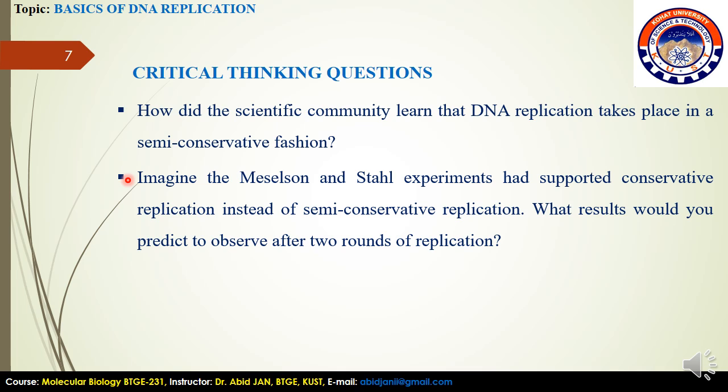A lower or heavier band would be at the 15N density and would comprise 25% of the total DNA. A second higher or lighter band would be at the 14N density and therefore would contain 75% of the total DNA.